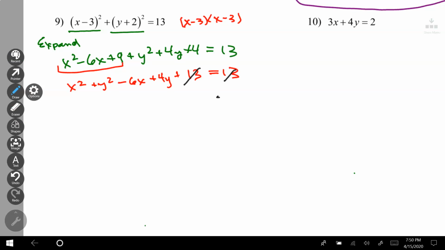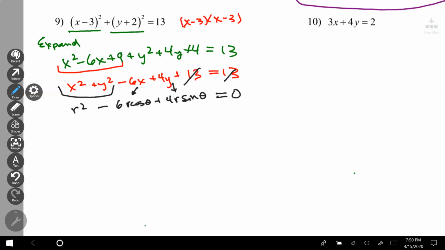Those go away, so I get it equal to 0. These two become r squared minus 6r cosine theta plus 4r sine theta.